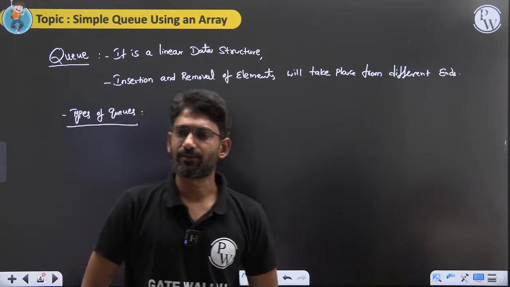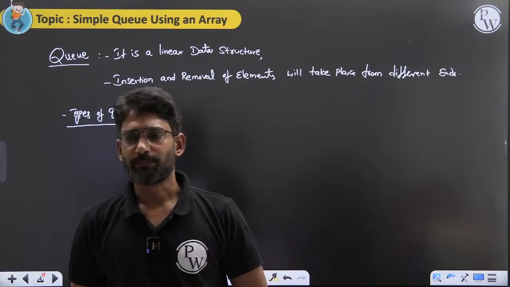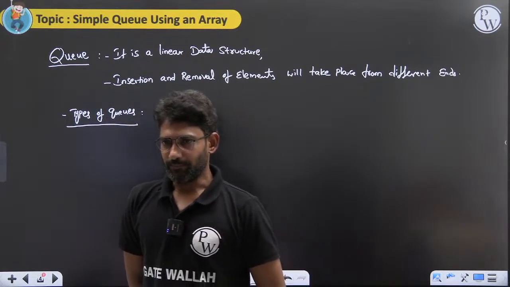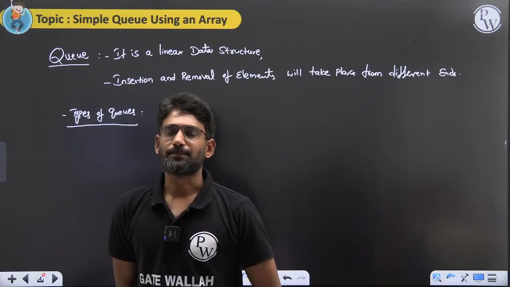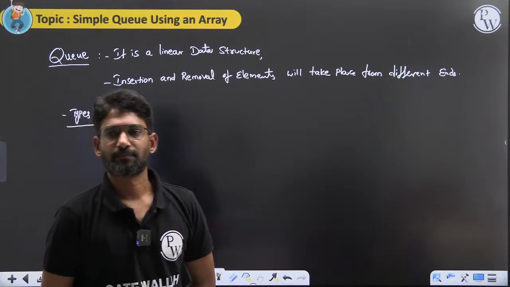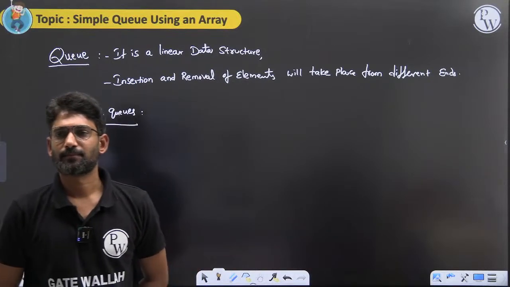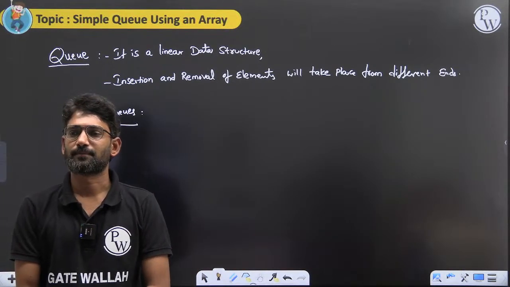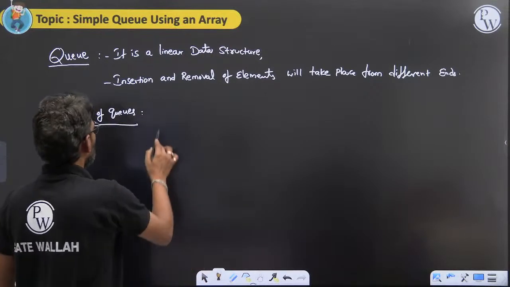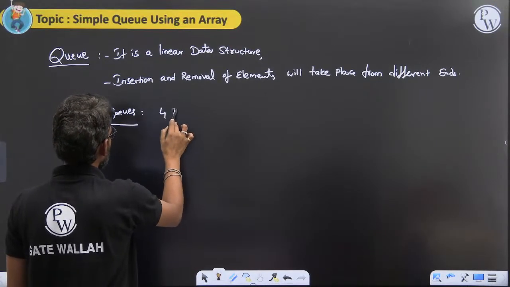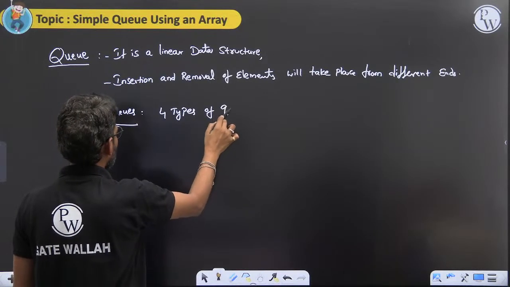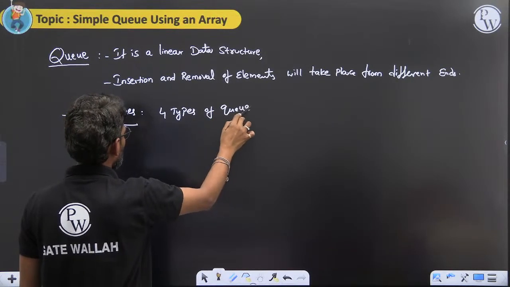Raj Sarkar, 3 types. Very good. Meenakshi, Nishu and all. We can say there are 4 types of queues. How many types of queues? 4 types of queues.